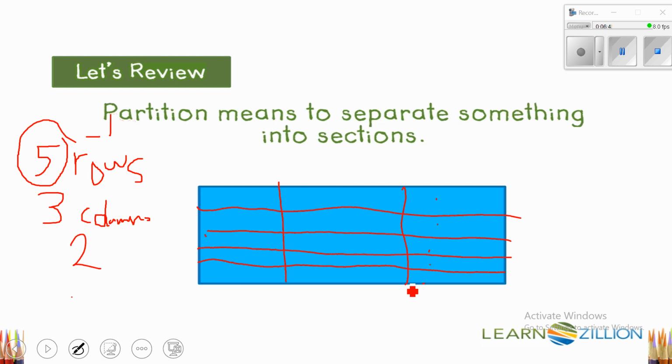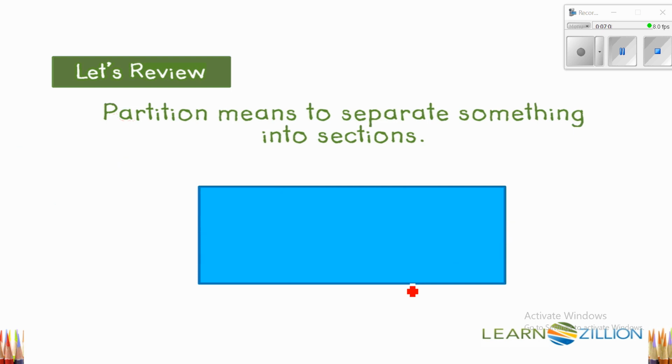I know they are not equal, but I'm trying my best with my finger. You have to do it exactly with your ruler. So here is the rule: the number of lines that you draw is the number of rows or the number of columns minus 1.